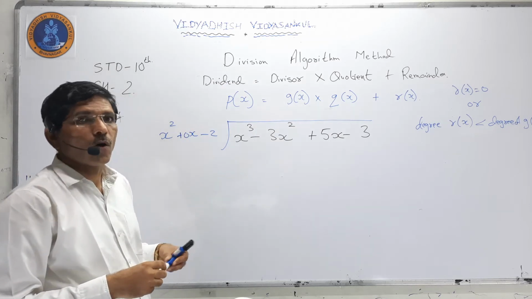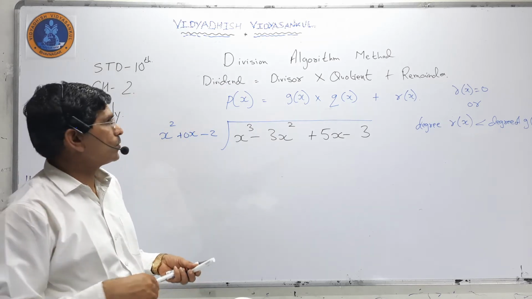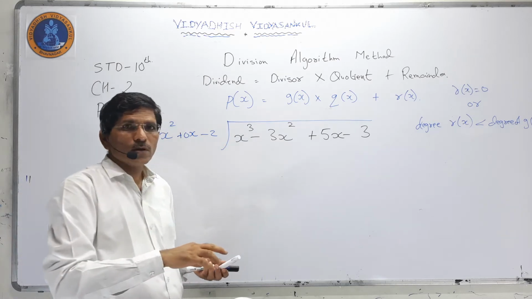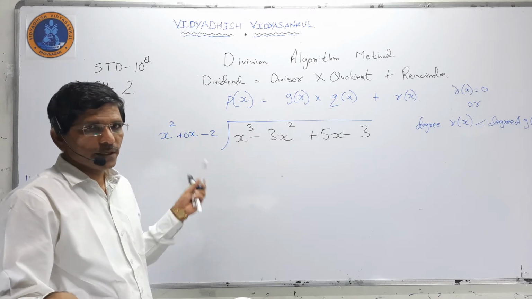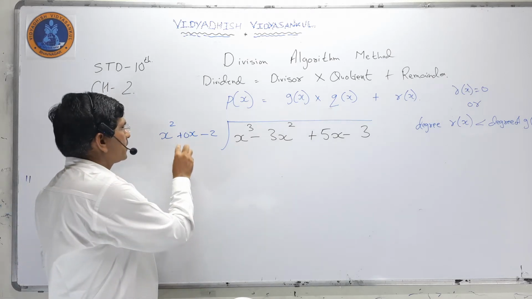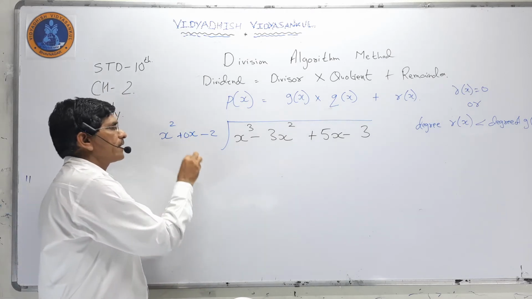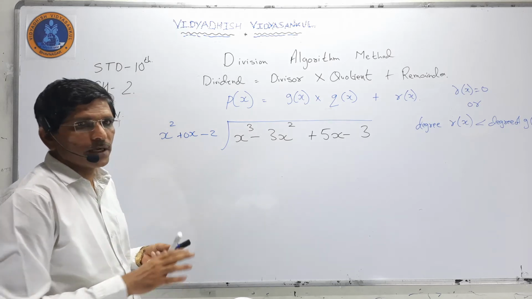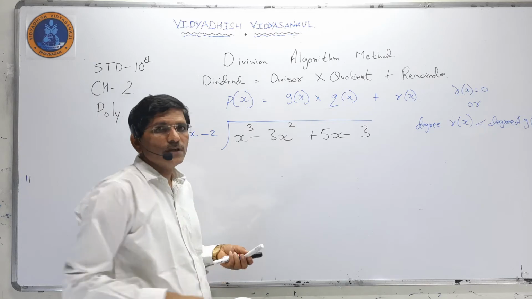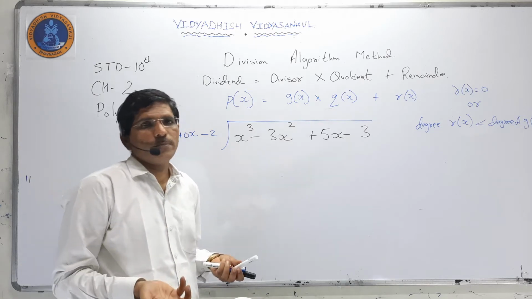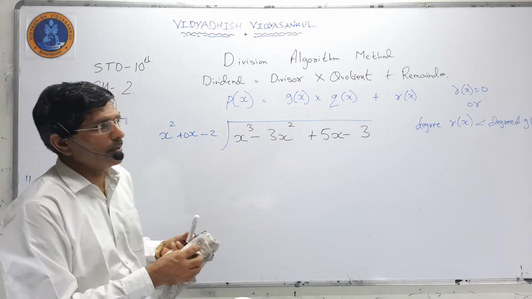Those who are intelligent or who want to do it without 0x can also do so. But here if you see, some term is missing, so we can write 0x. It is not necessary that every time you have to put 0x, because it depends on how you are multiplying.